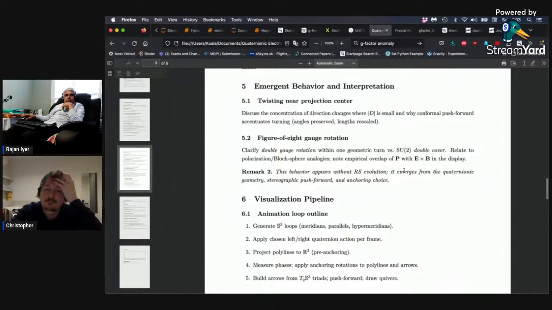Is it like a conformal mapping type thing? Yes, exactly. So that's why we should be able to project the vectors from 4D space. For instance, if we have the B vector and then the E vector is orthogonal to that, then projecting those two vectors from 4D into 3D space should remain orthogonal.